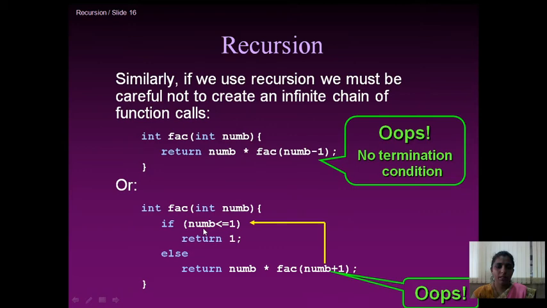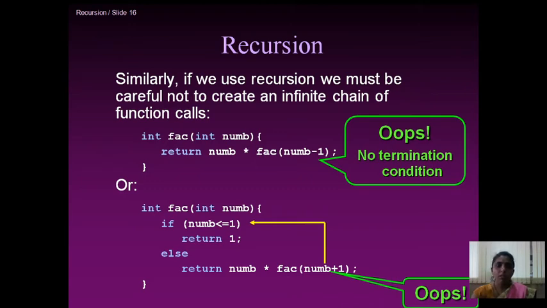Otherwise you can take this example. Suppose we are not decrementing the num value, and we keep on incrementing it, then this condition will always be false, and the set of statements will keep on executing. So again it will lead to an infinite loop.